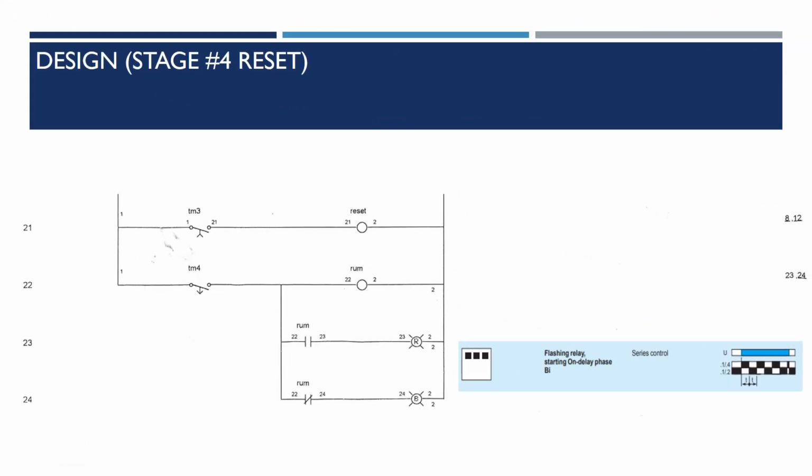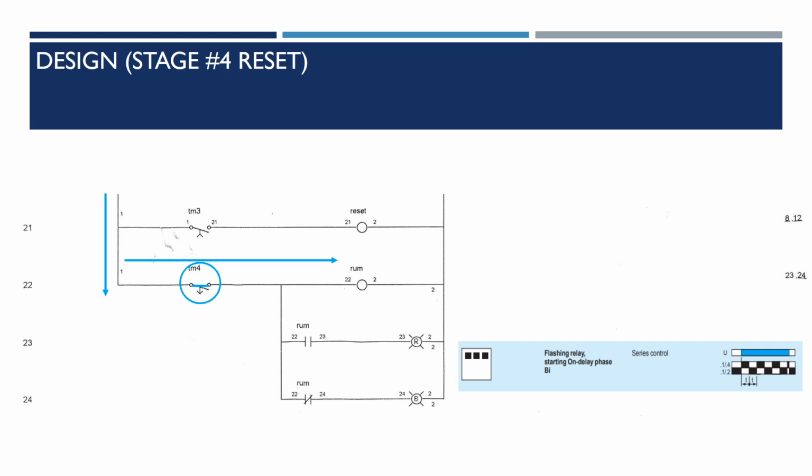In our final design stage, this is the stage that we're using for the police siren. So what happens in this stage is, if you remember from up above, when we energize the coil on TM4, we've got some off delay contacts. So as soon as that coil is energized, the TM4 contact will close immediately.